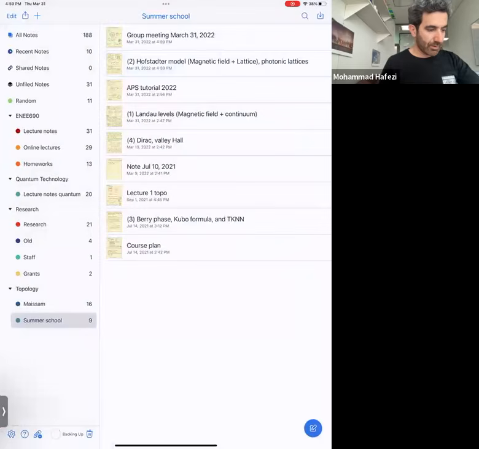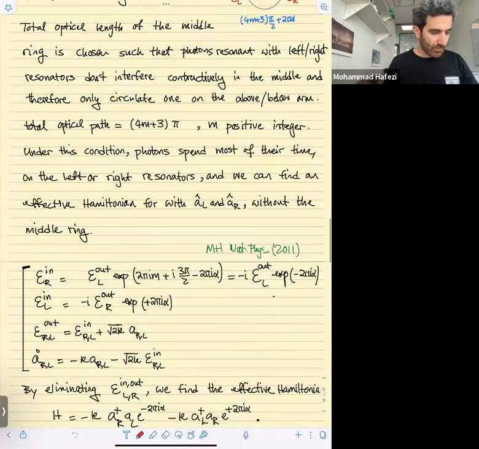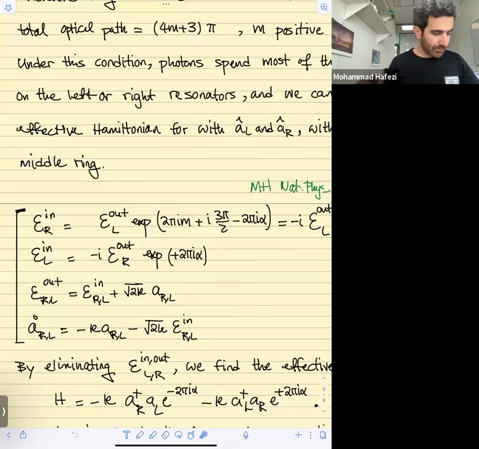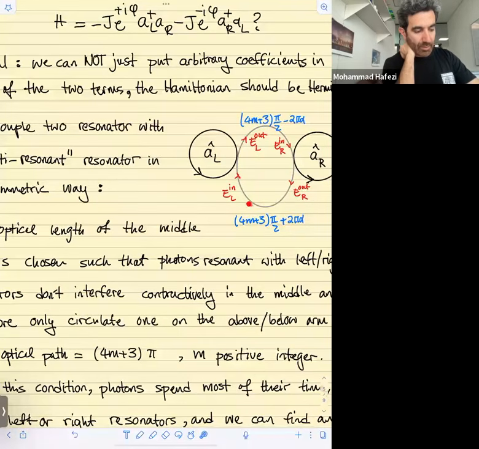In particular, if you look at this one. So now I have to write, for the left resonator and right resonator, they both decay and they have their corresponding input field. They have their boundary conditions that I just described previously. But on top of that, we have this propagation: over here, the E out will propagate and accumulate some phase depending on the length of this resonator that I have chosen to be this.